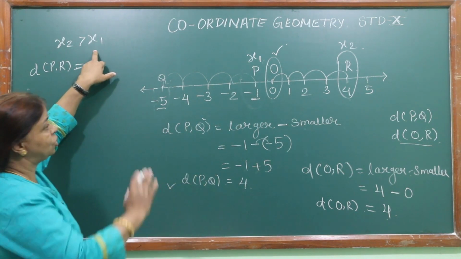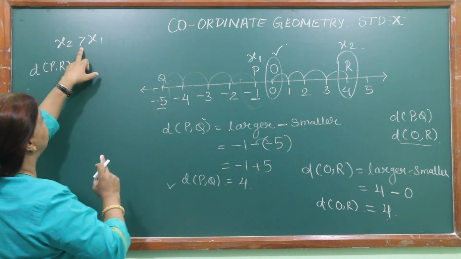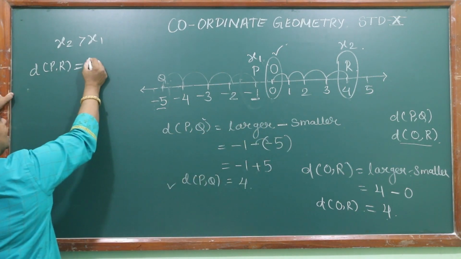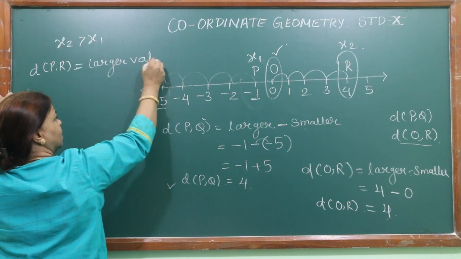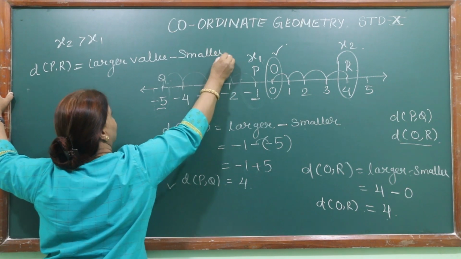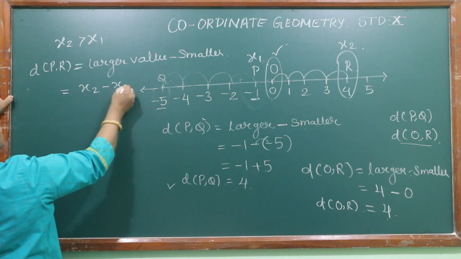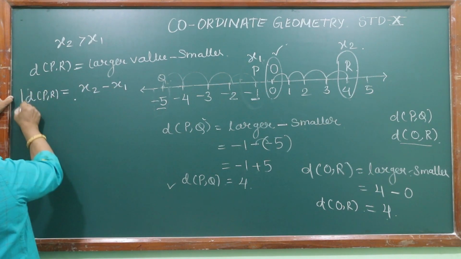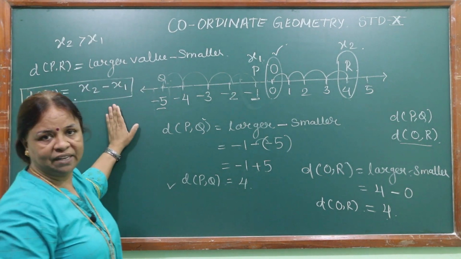So here x2 is to the right, therefore it is the larger value. So what will be distance PR? PR would be the larger value minus the smaller value, that would be x2 minus x1. So distance P comma R is equal to x2 minus x1 as per the number line, children.